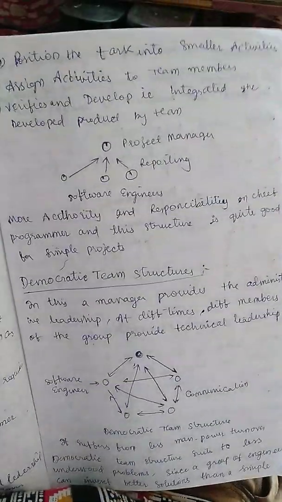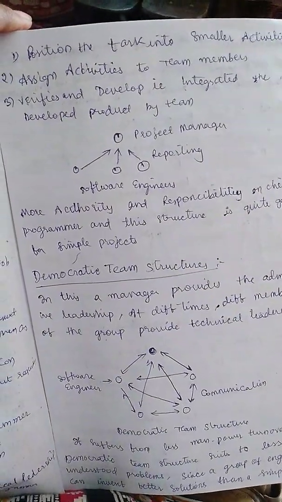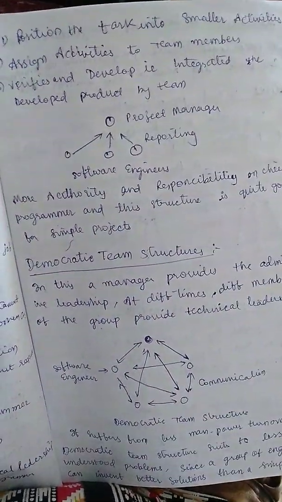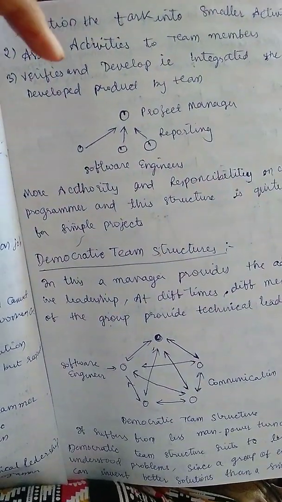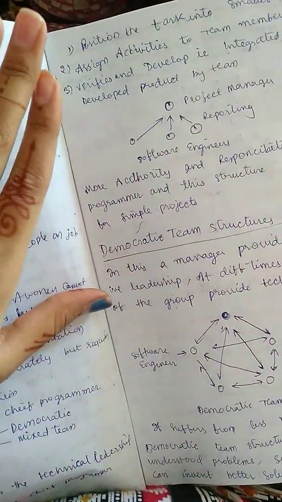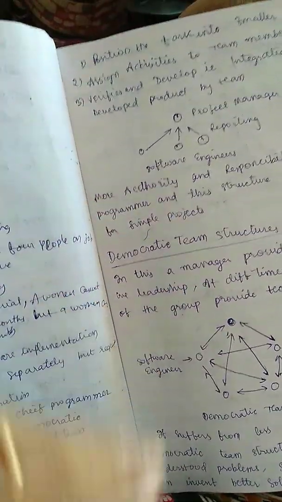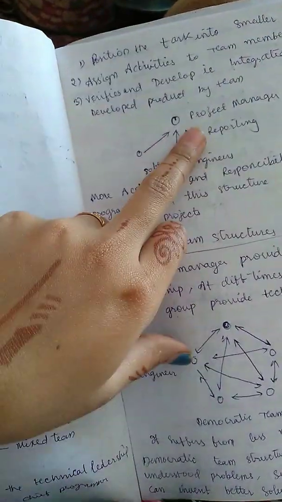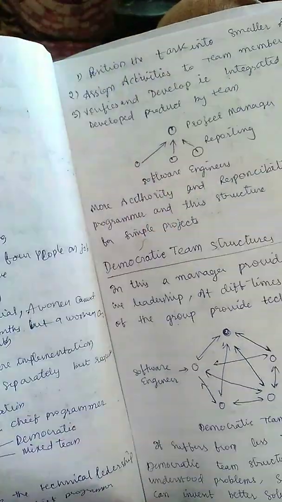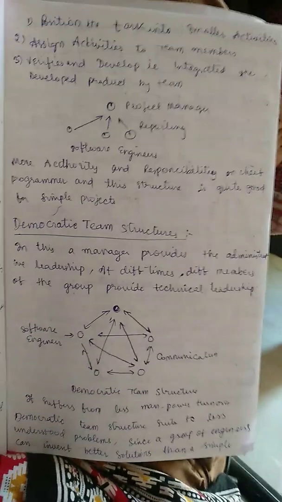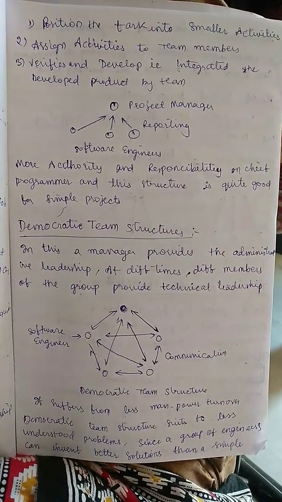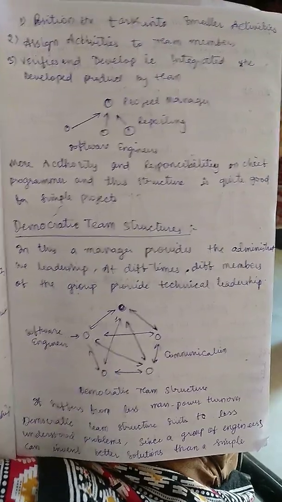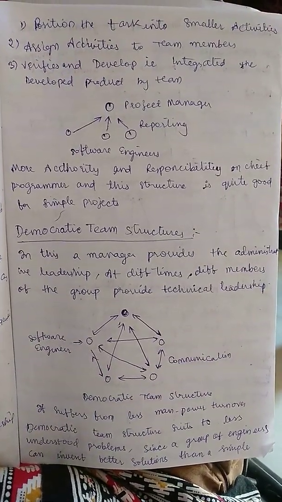They partition the task into smaller activities, assign activities to team members, verify and integrate the development by the team. What will the project manager do? He will just report to the team members. So the chief programmer comes under the project manager. More authority and responsibilities go to the chief programmer.